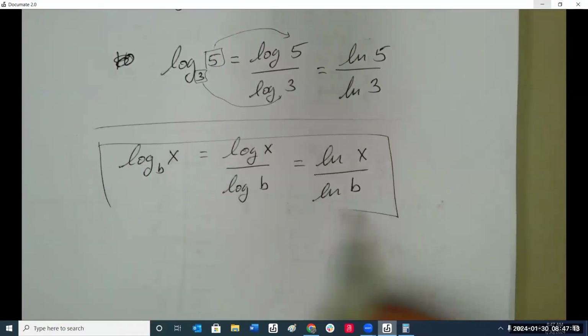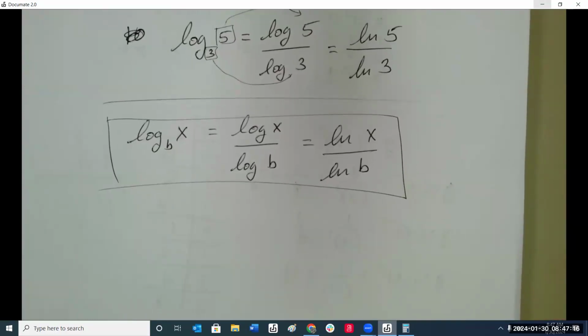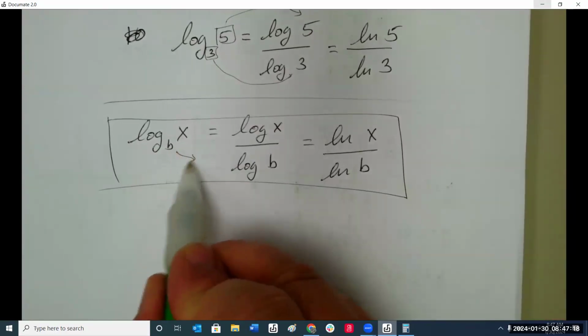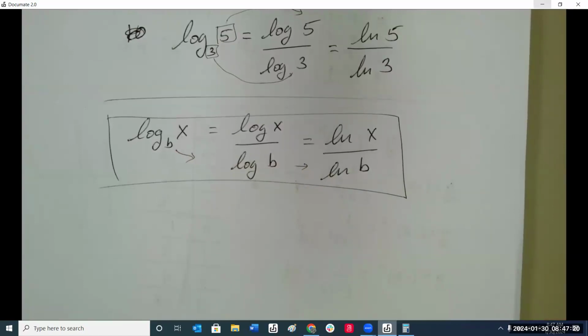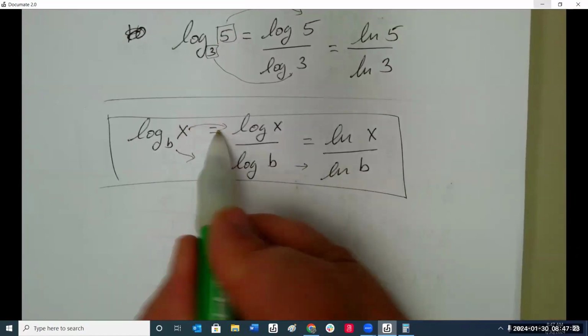This is the change of base formula. Whatever the base is, remains the base on the bottom. Whatever is on top stays on top.